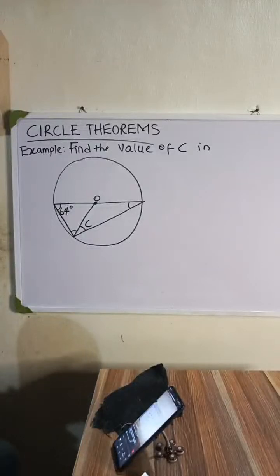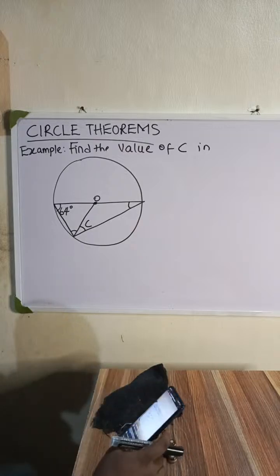Okay. Richmond said 40 degrees. Okay. Let's see how it goes. What principles did you use?